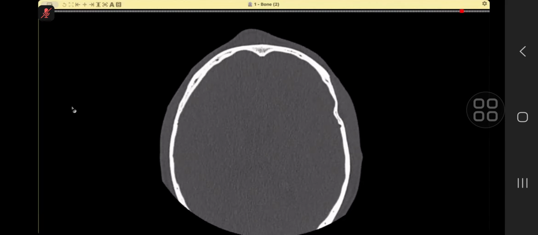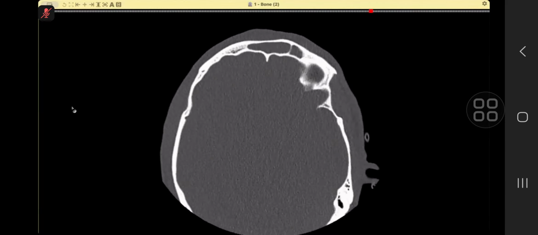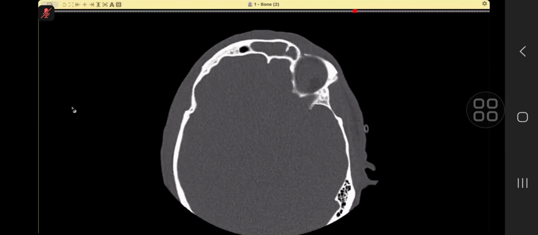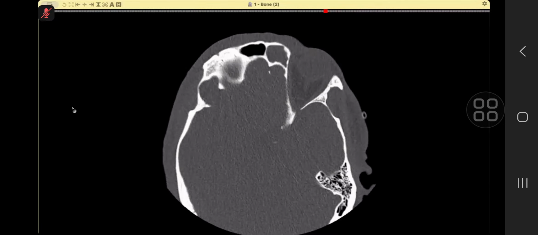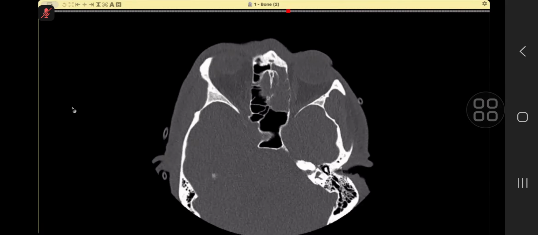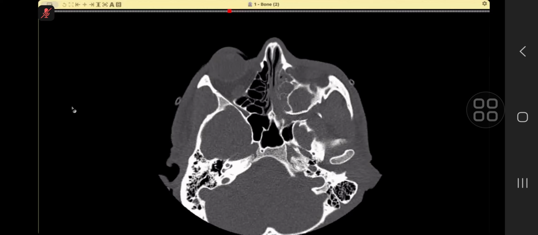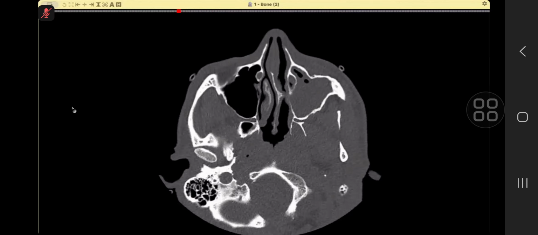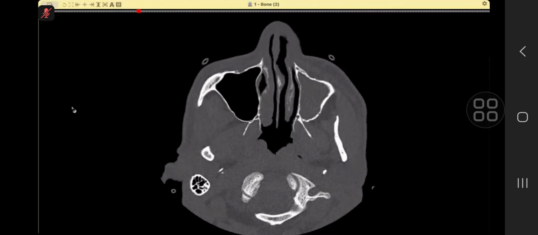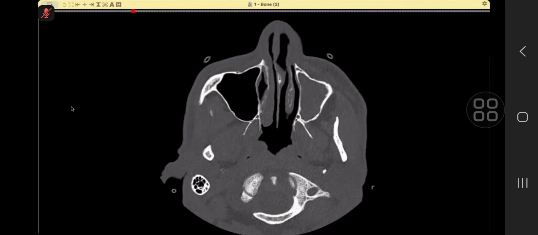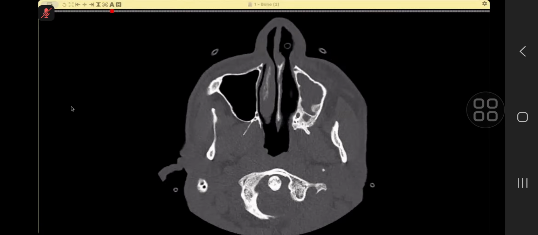Okay, I can see that there is mucosal thickening seen in the frontal sinuses, left frontal sinus, and left ethmoid as well, and also the left maxillary sinus, with hypertrophy of the inferior turbinate on the right side, and there is some sort of nasal septum deviation.